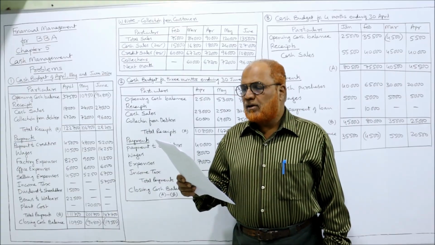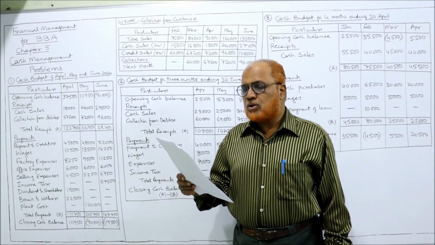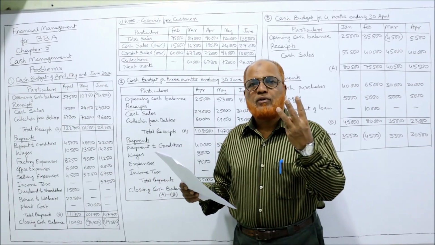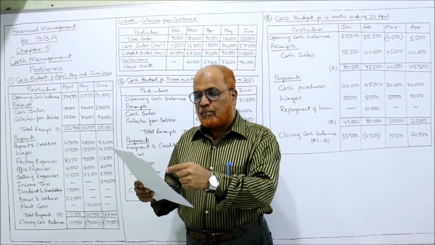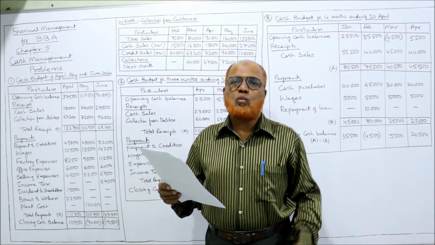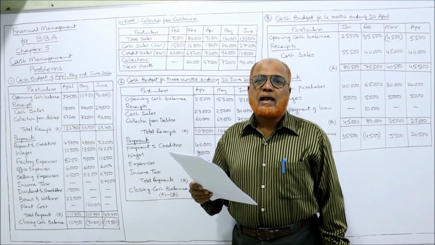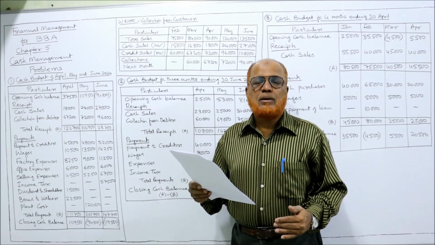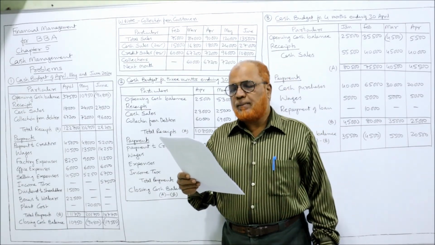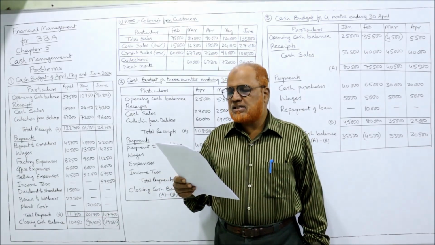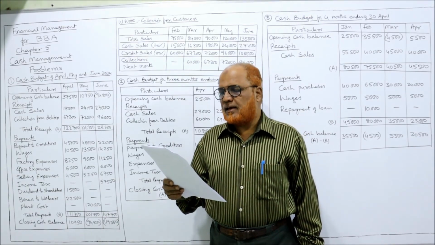Now here data is given for February, March, April, May, June. Actually we have to make the budget only for 3 months, April, May, June. But the data is given for 5 months. Why? In order to make the calculations, we require the previous months also. How? I'll tell you. Sales, purchases, wages, factory expense, office expense and selling expense are given.